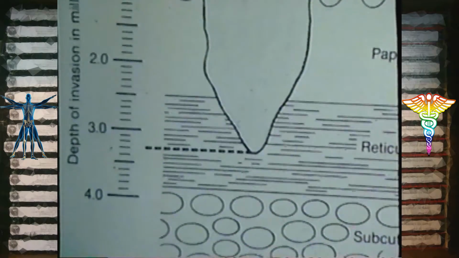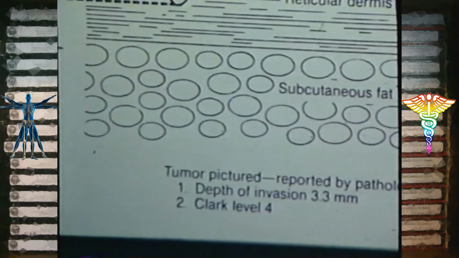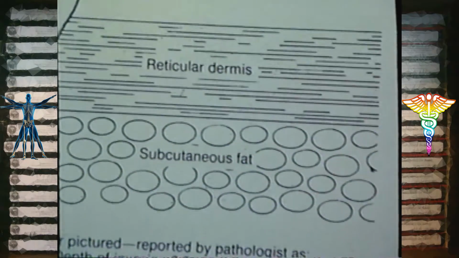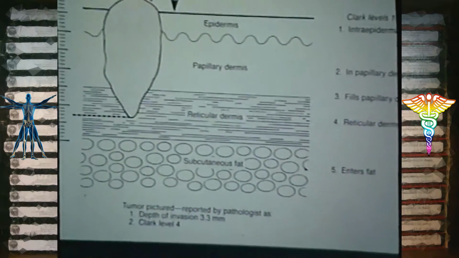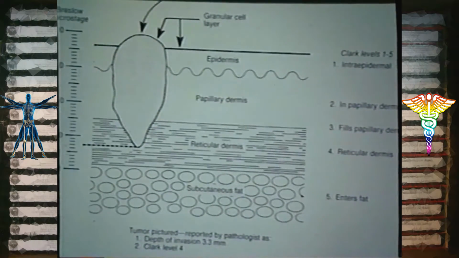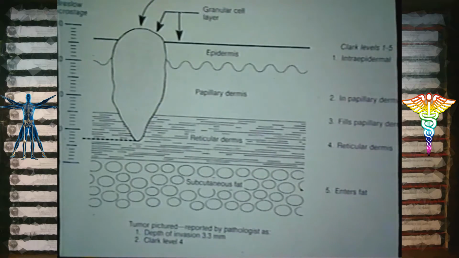And that measurement by the pathologist is what gives you information about the prognosis for this patient. If the lesion is 1 millimeter or less, it's a very good prognosis. If it's more than 1 millimeter, the prognosis starts to go down. If it's greater than 4 millimeters, it's really abysmal.